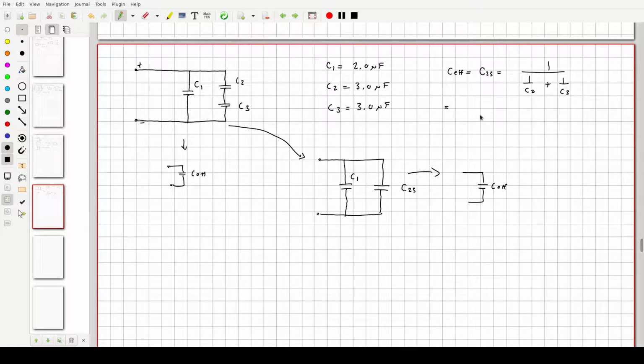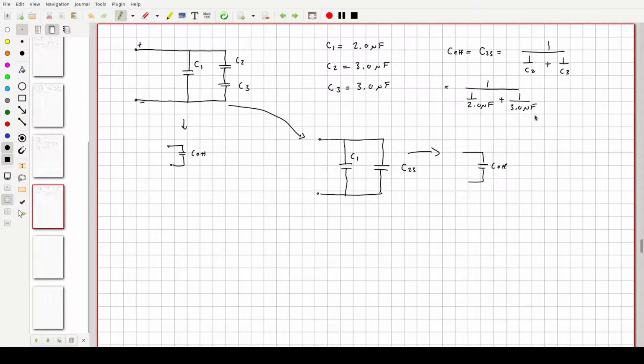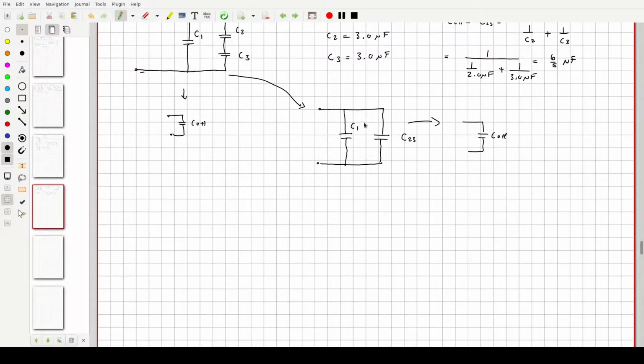Now, again, in this case, C2 is 3.0 microfarads, and C3 is going to be 3.0 microfarads. And as I pointed out, in this problem right here, when I added these things together in series, you get 6/5. It's the same idea. So in this particular case, C23 is going to be 6/5 microfarads. Okay. So what that does is to reduce it to this.